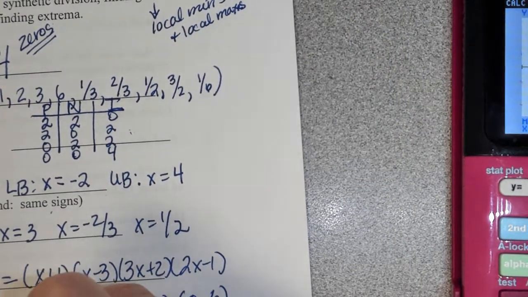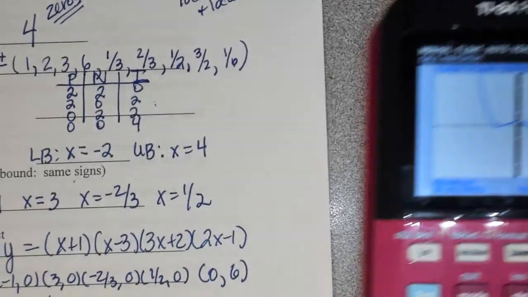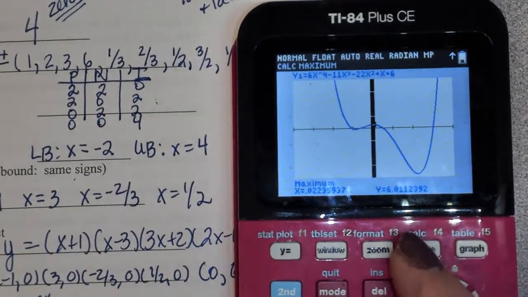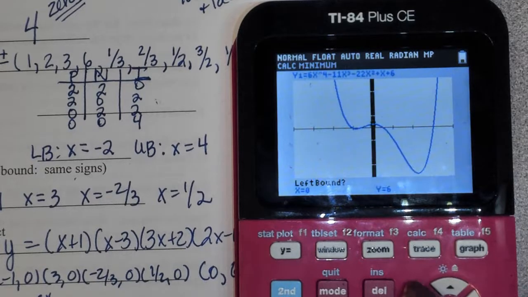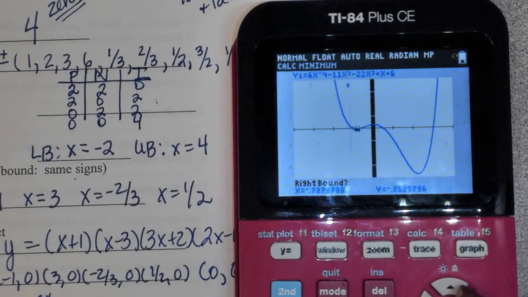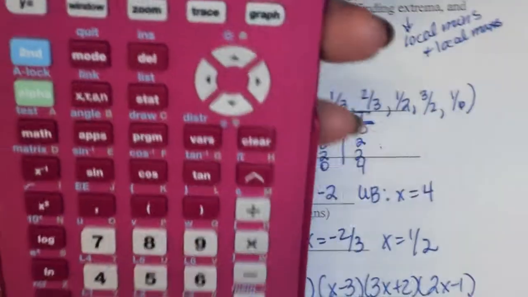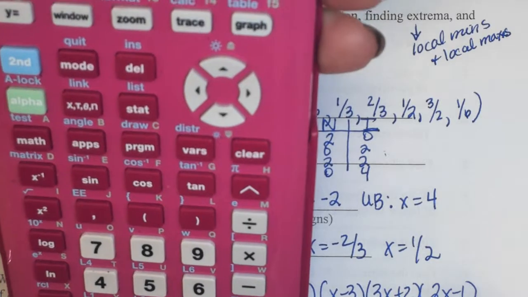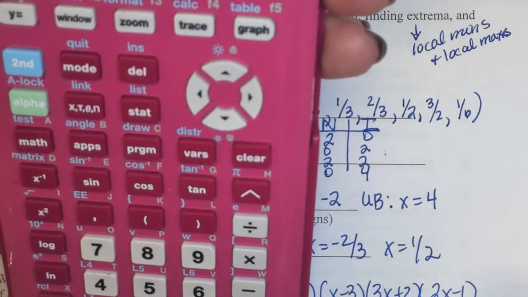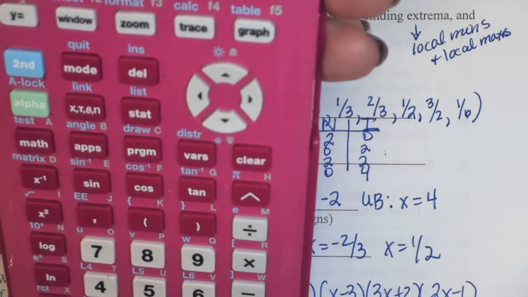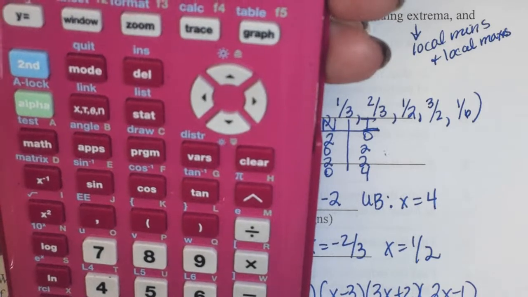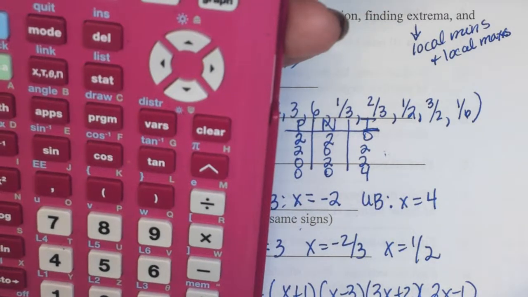And I'm just going to put max above it so I know it's a local max. Okay, let's find the mins. Go to the left, hit enter, go to the right, hit enter. So that minimum is at -0.85, -0.86. And that would be a min.